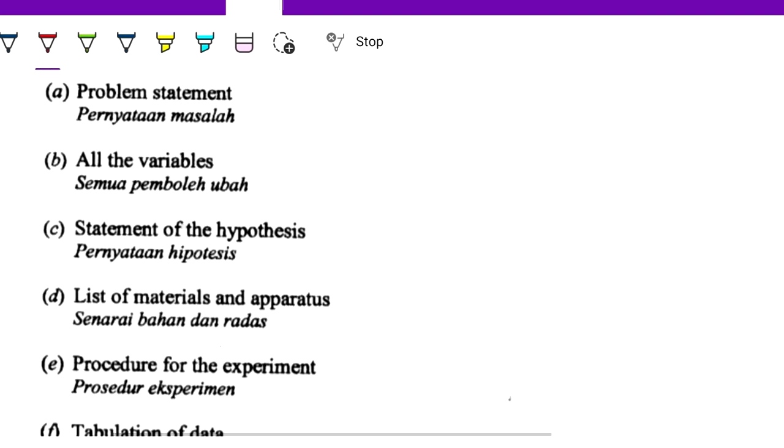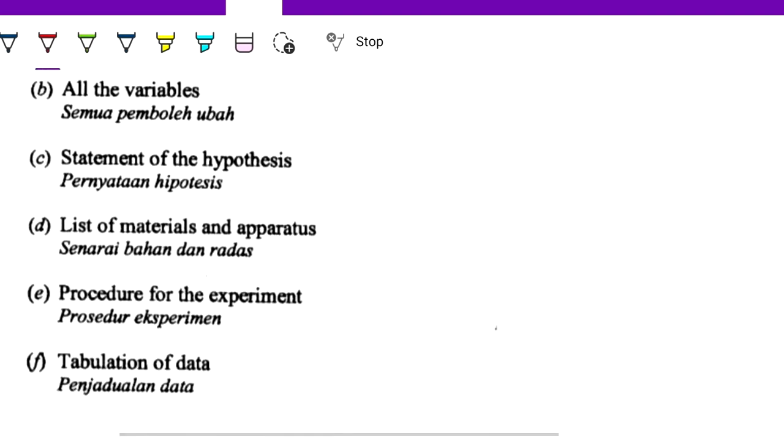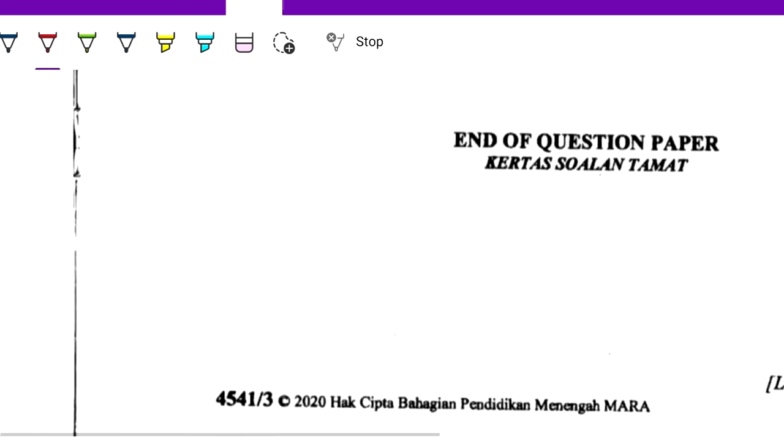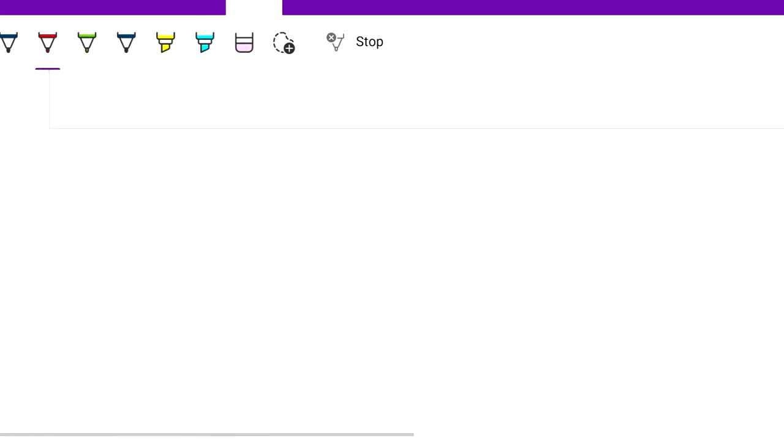And then the problem statement until the tabulation of data will be the same actually. So we revise one more time.